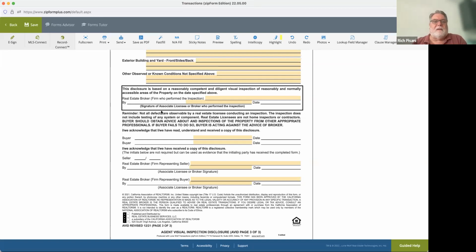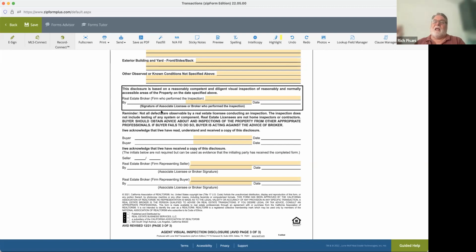During COVID, I got a lot of, well, I'm away. I'm out of town. I took this listing 100 miles away. I took a listing in Palm Springs. I have to do an AVID. Yes, you have to do an AVID. I'm not going to say you have to drive to Palm Springs to do the AVID. If your seller is still living in the house, you can have the seller walking around while you're on FaceTime or Zoom or whatever it is.